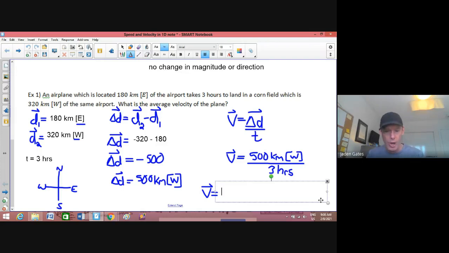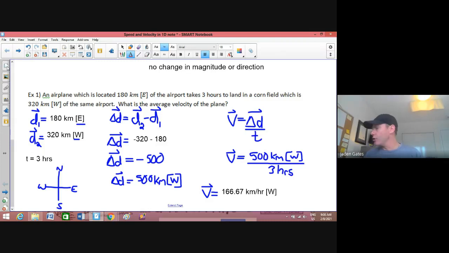Oh, decimals. So we always go to 2 decimal places. It said 0.666666, so I rounded to 2 decimal places, 0.67. The units are kilometers per hour, as I can see with my bracket here. And it is a velocity, which means it has direction, and the direction has to be west.